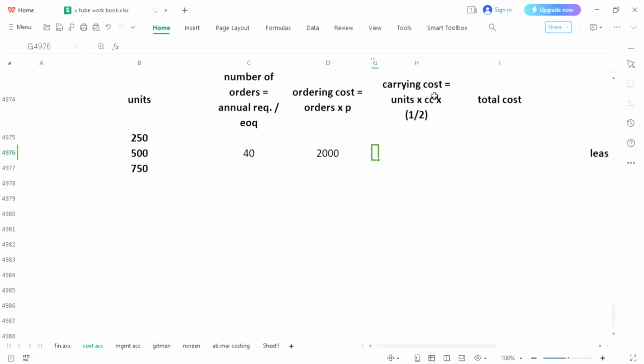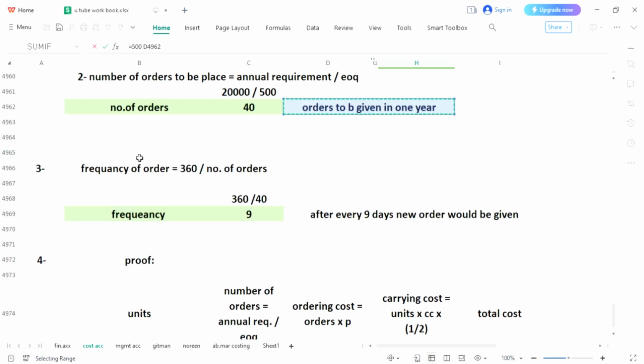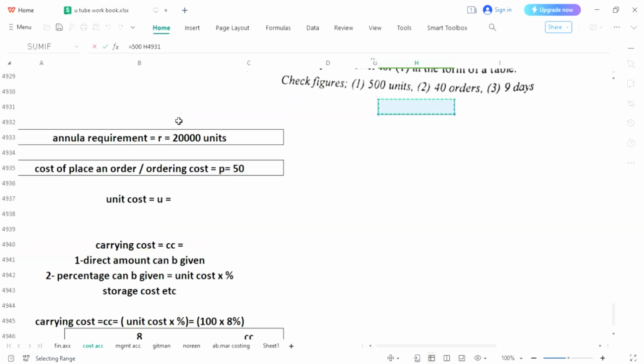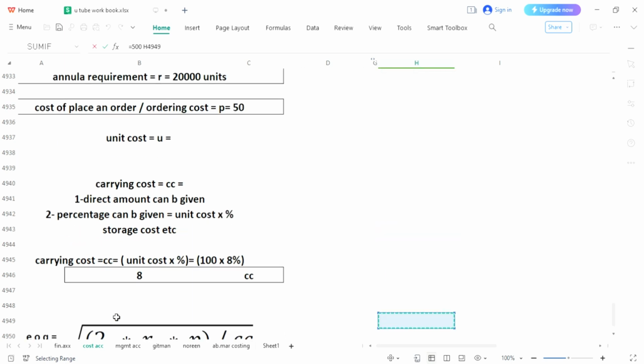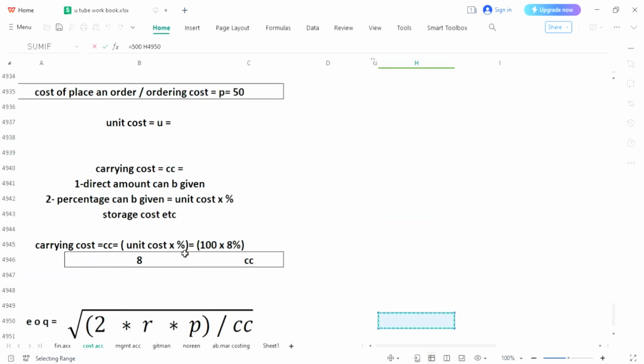For that, just look at the formula: number of units, these are units 500, multiplied by carrying cost. You can see that carrying cost was calculated as our first part. Hopefully you remember it. We applied the formula over here: unit cost multiplied by percent.